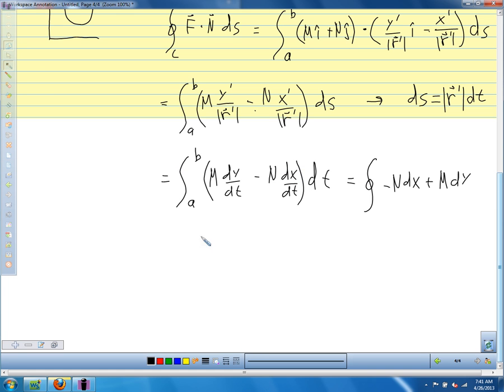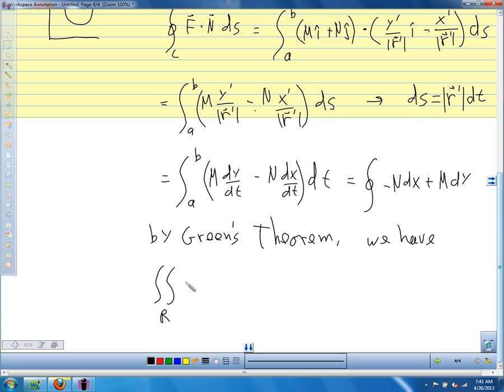And by Green's theorem, we have the double integral over R of dm/dx plus dn/dy dA.